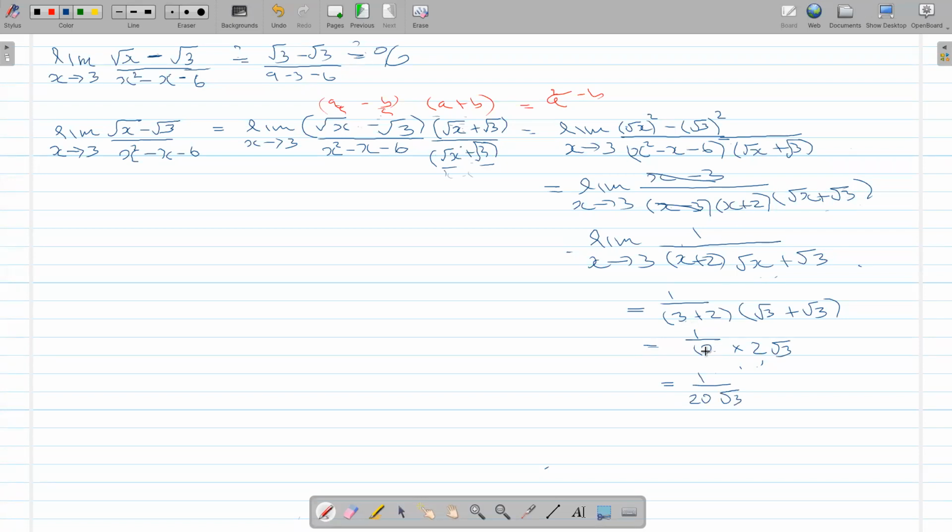So 3 plus 2 I get a 5. But then I have this additional 2 over 3 part square root, okay? Because from this guy. Okay. So if you have any questions, you can ask me now. Okay, so this one I get 20 over 3 because of that additional term.